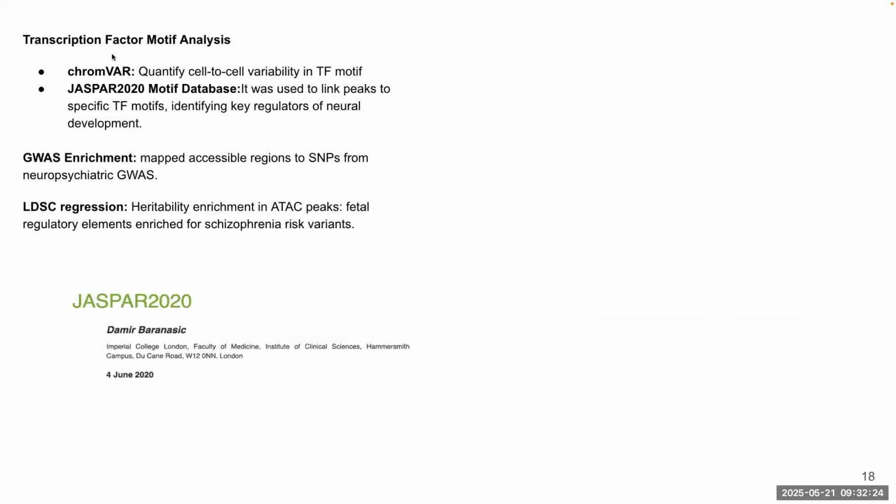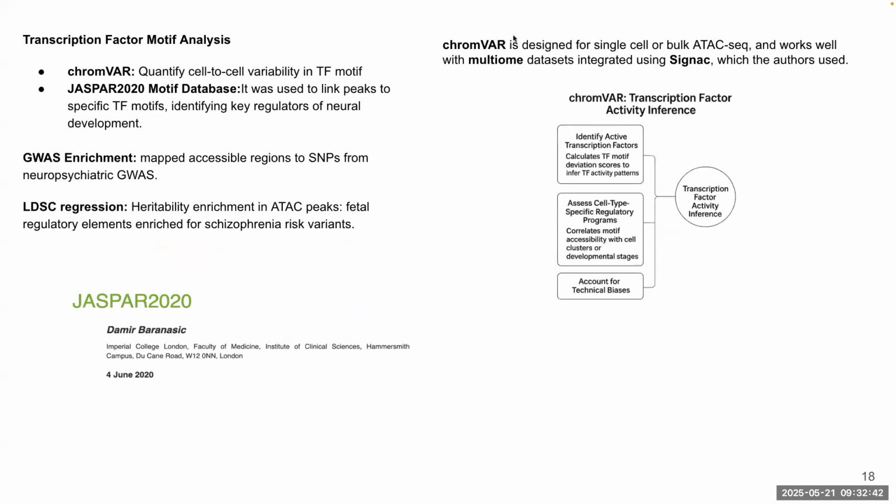Okay. And the last step that the authors ran was the transcription factor motif analysis. They use chromVAR. chromVAR is used to quantify cell-to-cell variability in the transcription factor motifs. What I can say about this particular tool is that it's designed for ATAC-seq, but also works well with multiome, according to some authors, and it can also be well integrated using Signac.